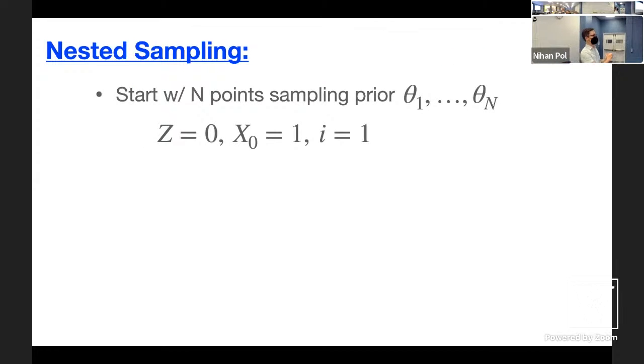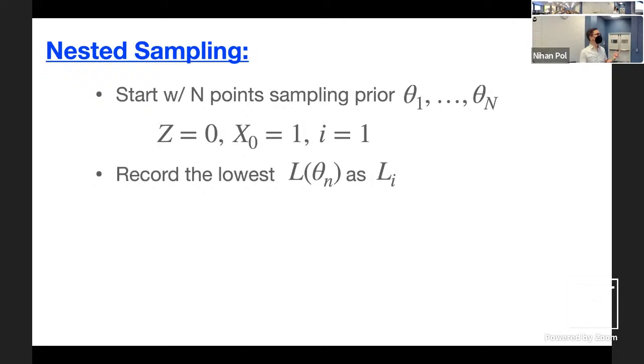So what you do for a nested sampling algorithm is you start with a large number of samples. These are called your live points in the nested sampling parlance, and you just sprinkle them throughout the prior. And then you initialize and say, I have 0 evidence, I'm covering 100% of the prior, and I'm at my first iteration.